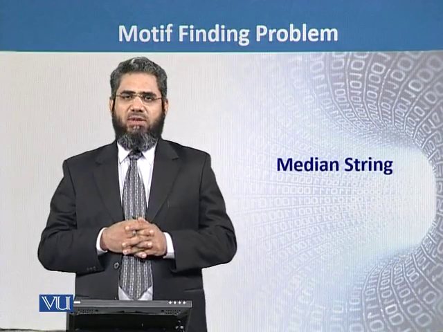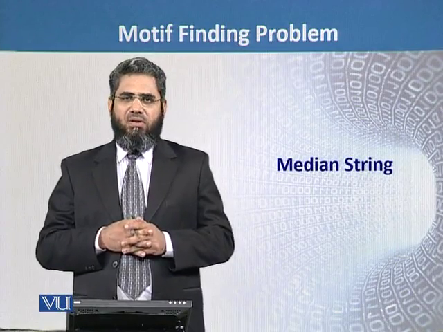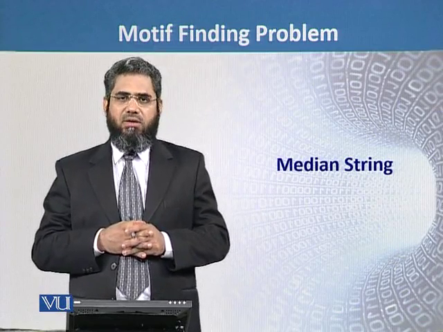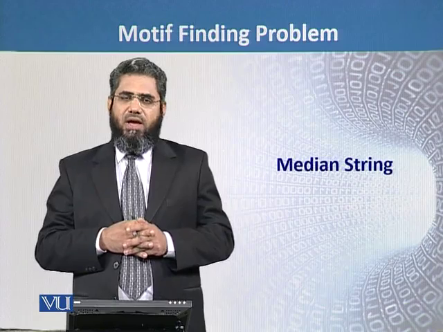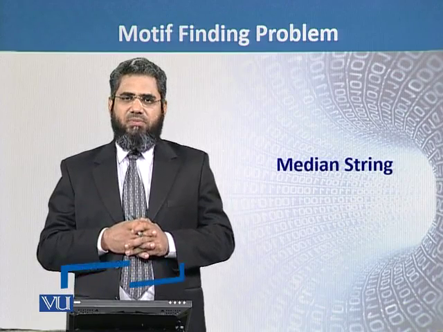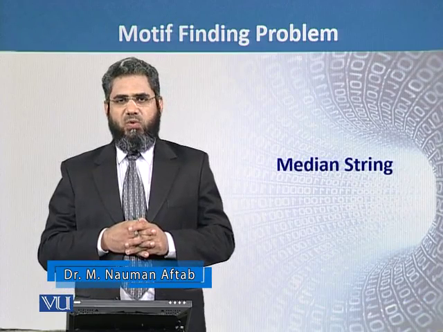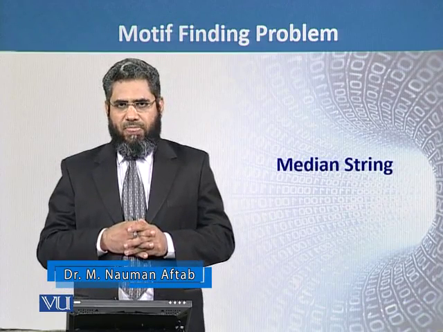Another view to solve the motif finding problem is to convert it into the median string problem. In the median string problem, we calculate the Hamming distance between two DNA sequences.